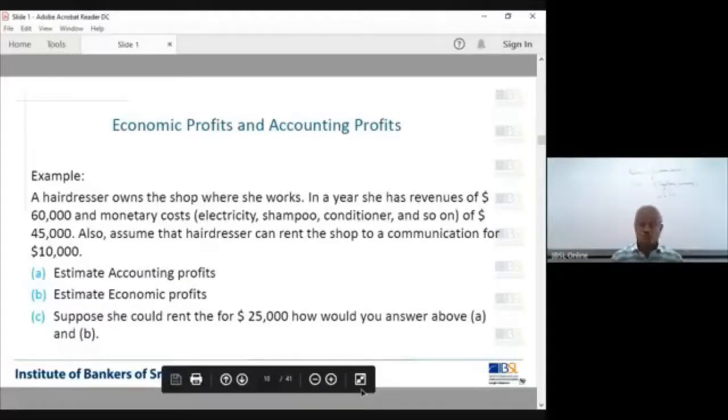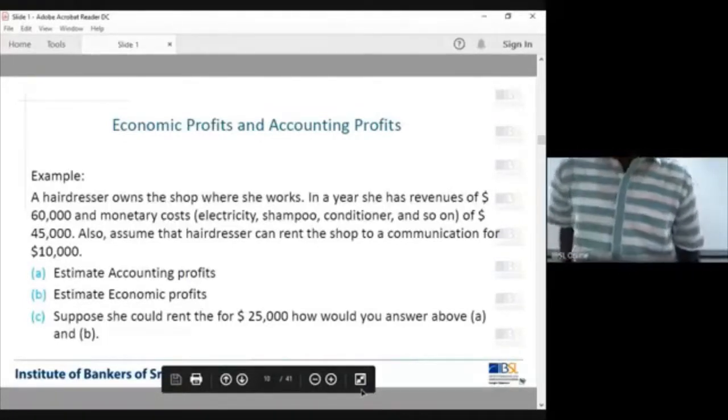Estimate economic profit. Accounting profit is revenue minus accounting cost. Economic profit is revenue minus economic cost. Can you work out accounting profit and economic profit? And the third question, can you work out this?